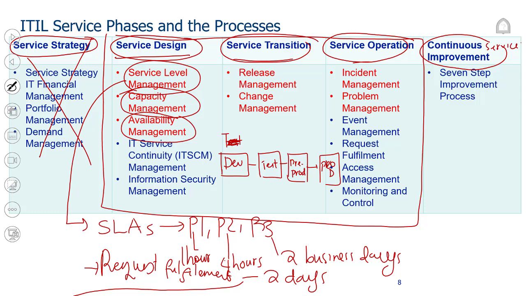So for example, if you're developing a software, the developers will be working on the development environment. That is where they'll be building and writing the code. Okay? Then once they finish writing the code, the developers don't do the testing. Okay? They would push it, for example, to the test environment.